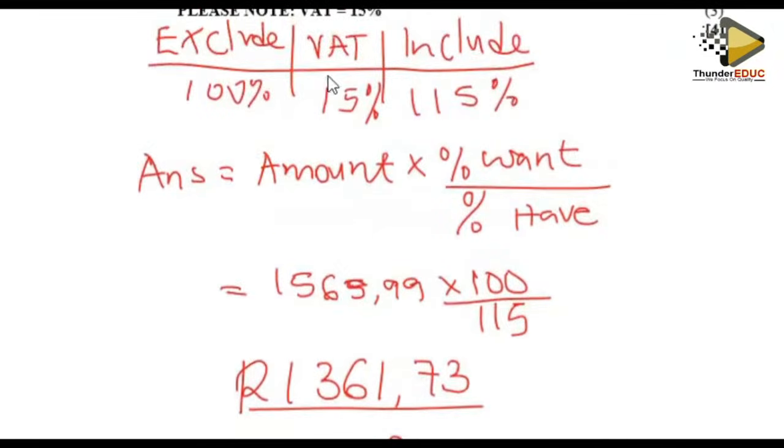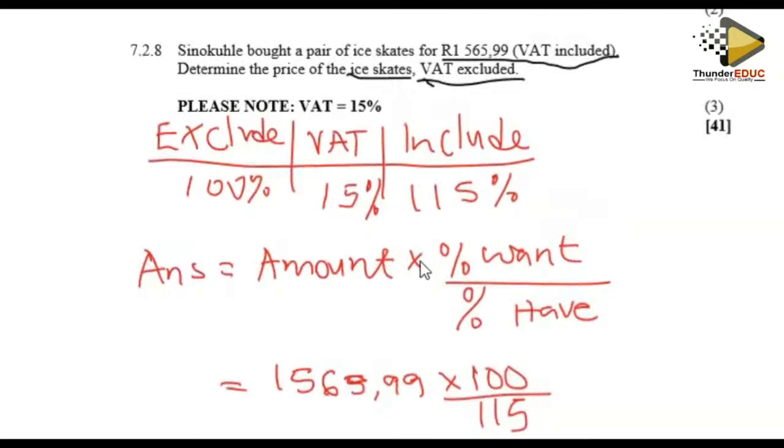These are 3 marks. You do not need to write all this, but remember the formula and how to interpret it. Amount is the value given to you in this scenario, times the percentage you want. In this scenario, we wanted the exclusive percentage, so we put 100 there. Then it's over the percentage that I have.